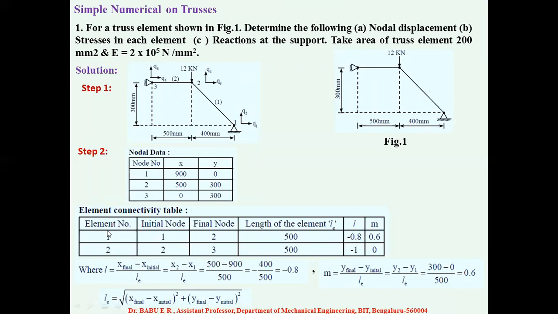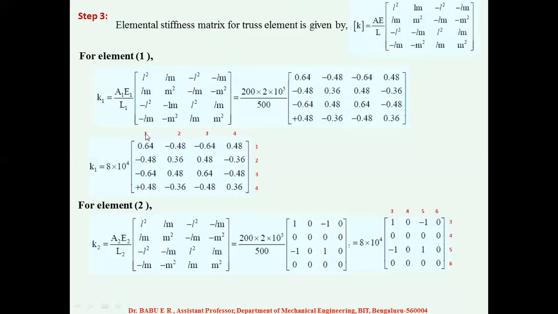For element 1, I have taken the initial node as 1 and the final node as 2. The initial node consists of the nodal displacements 1, 2, and the final consists of 3, 4. So the sequence will be 1, 2, 3, 4. Here we have to write in the same sequence 1, 2, 3, 4, and again here 1, 2, 3, 4.